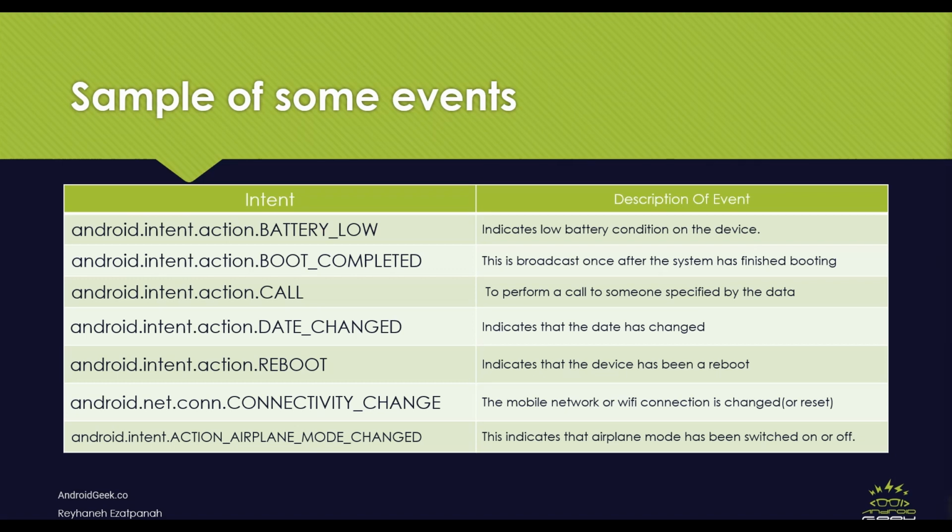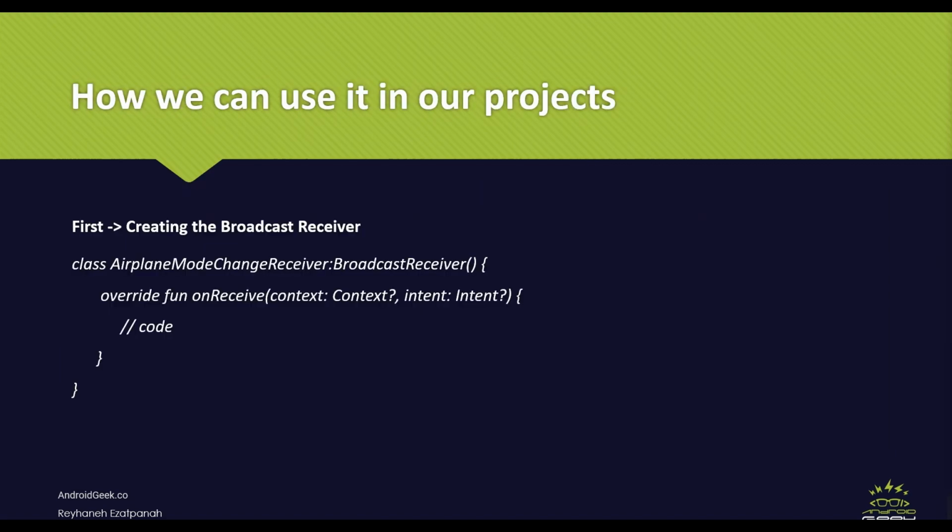These are some static fields defined in the Intent class which can be used to broadcast different events. We have taken a change of airplane mode as a broadcast event, but there are many events for which a broadcast receiver can be used. In our project, we use airplane mode.